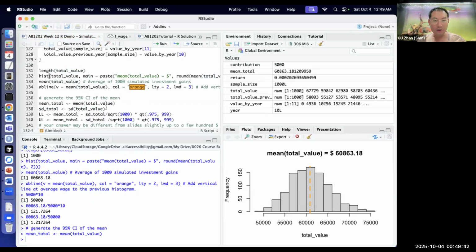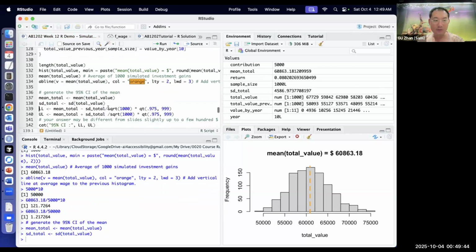So what is your standard deviation? This is the standard deviation of the sample. What are you seeing here? This is the sample. Each of the 10 years' return has been shown here. So that's a sample. After that, we'll calculate the 95% confidence interval.